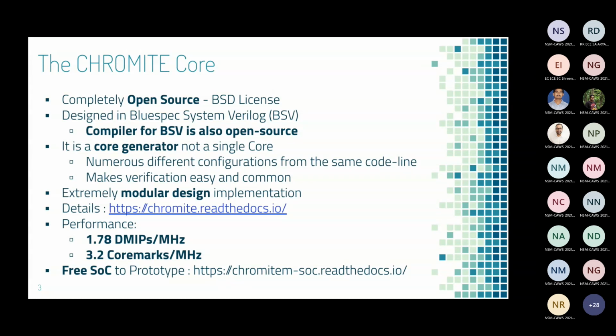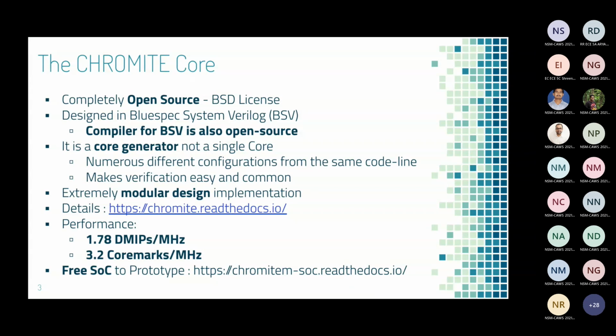Chromite is not a single core. It's a core generator in the sense that majority and significant aspects of the microarchitecture and the architecture are configurable. You can define the size of the caches, the kind of replacement policies you want, the size of the branch predictors, whether you want a branch predictor, operand forwarding, scoreboarding. Do you want scoreboarding? Do you want to enable write after write scoreboards or not?